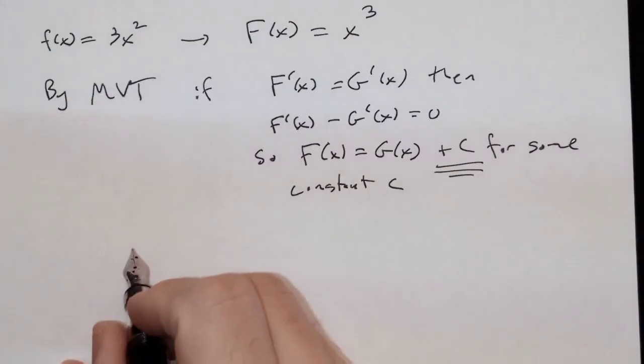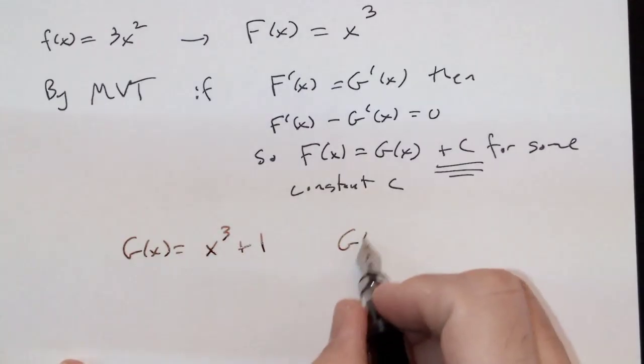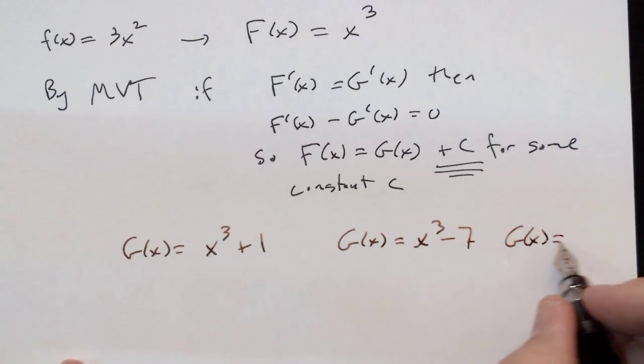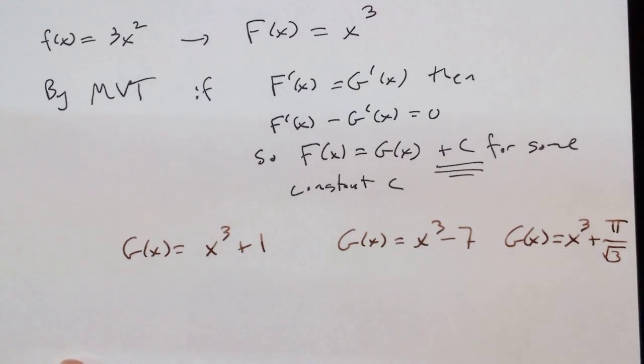So I could also say, add any number I want to the end of that x cubed. And all of those, when you take the derivative of any of those, what do you get? The same thing, because the derivative of a constant is 0.